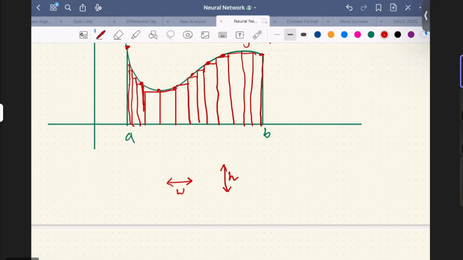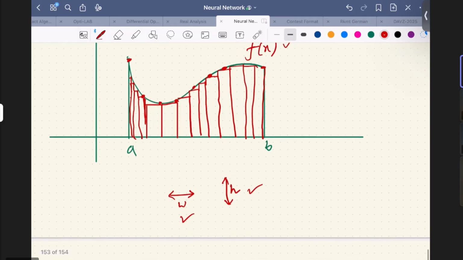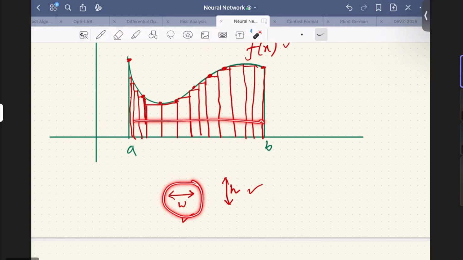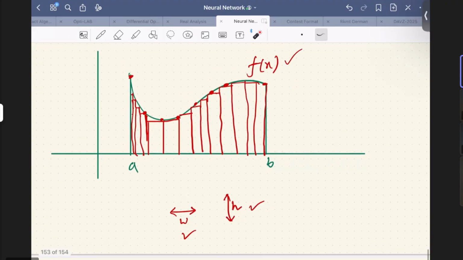If I can develop a neural network which produces rectangles with multiple widths and multiple heights, and combine all those rectangles, say 100 or 1000 rectangles, I could fit them within this region with a certain width and height for every rectangle according to my target. Then those rectangles represent my function f of x.